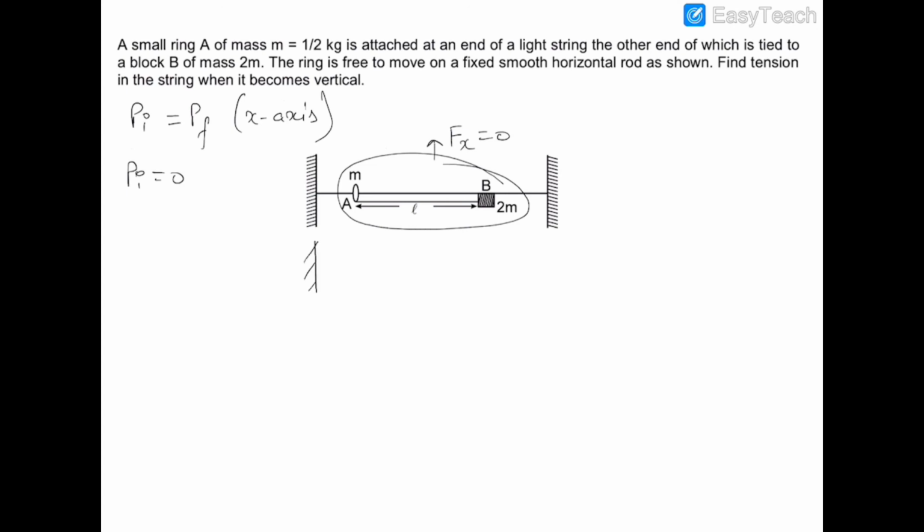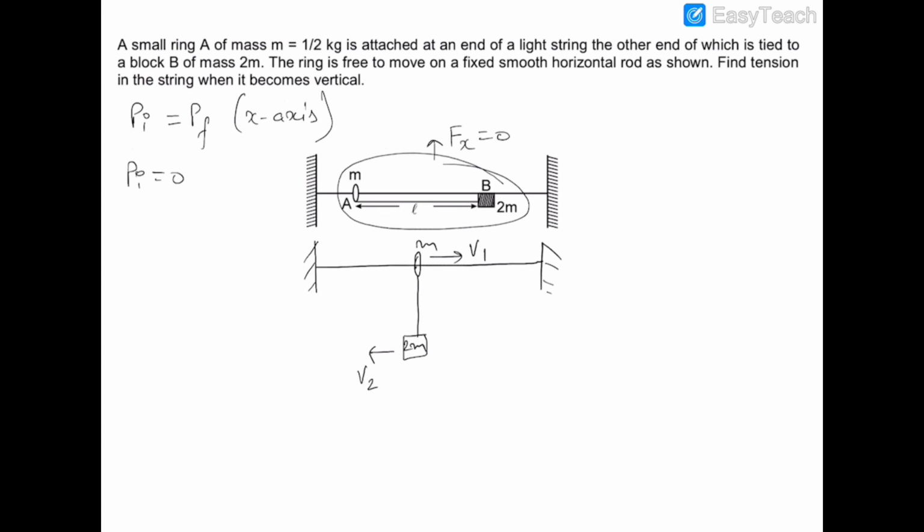Finally the situation would be like that: here would be the ring and this would be the block. So we suppose that the ring is moving with the velocity of v1 and the block is moving in the backward direction with the velocity of v2.